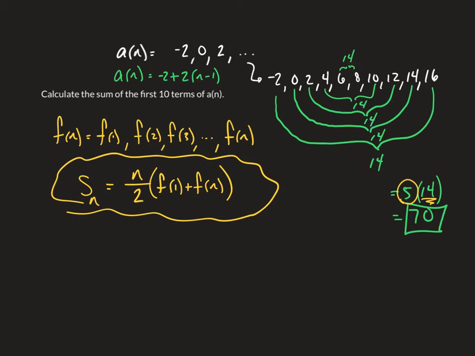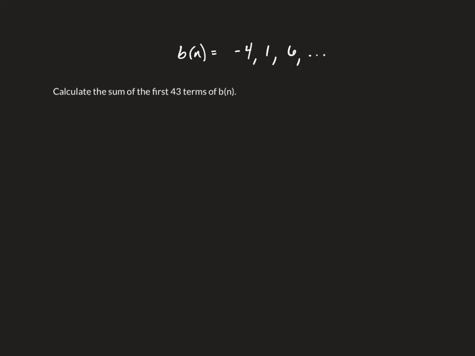So let's apply this formula to a more complicated sequence where we wouldn't be able to just list every single term and see that this is exactly working out this way. So b of n is also clearly an arithmetic sequence. We could just give the formula for it. Looks like the first term is -4, and the common difference would be 5. So this is our formula for this sequence.